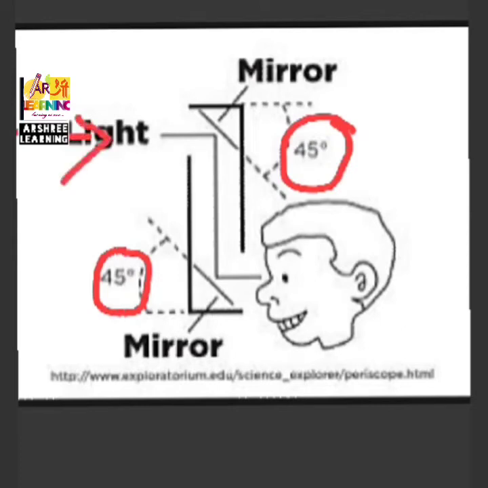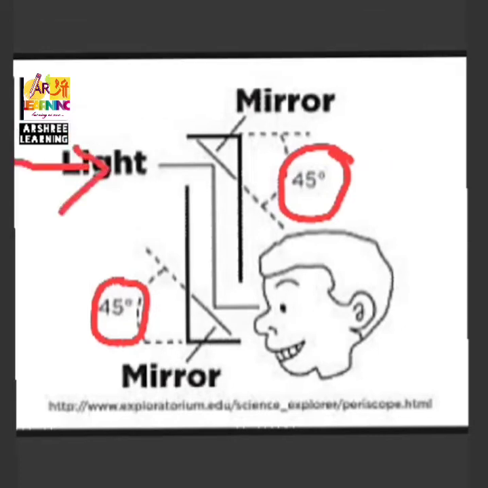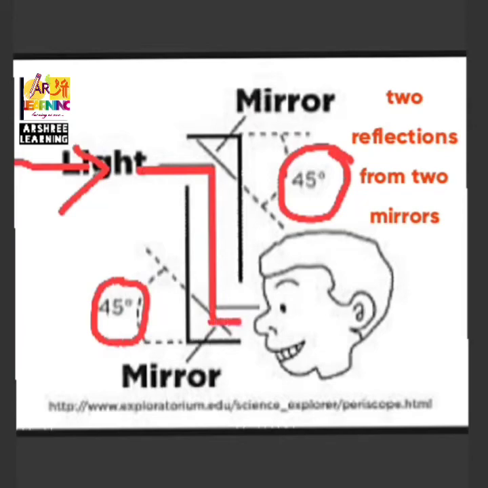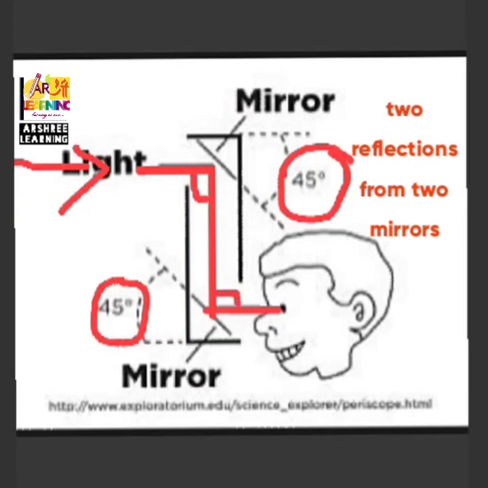It is reflected at an angle of 90 degrees, and the ray of light passes from the first mirror, it goes and then it comes down, and then it is reflected to the person who is seeing it. So the image is starting from the top, it is reflected from the second mirror, and then it enters the eye of the second person. So the angle of reflection is 90 degrees and the person sees the image by being at the lower altitude.